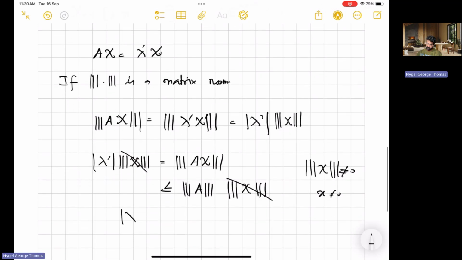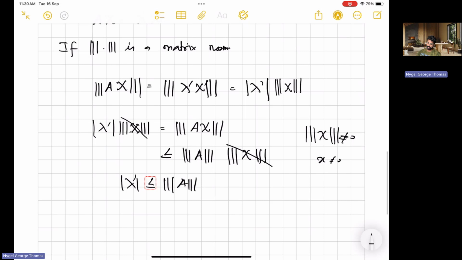So we get that the modulus of lambda dash is less than or equal to the norm of A. What is the modulus of lambda dash?